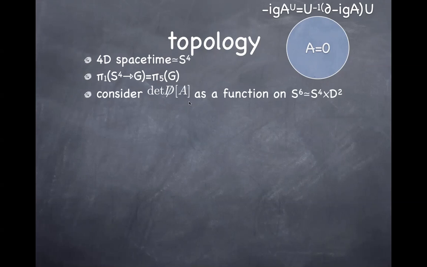And if the theory is gauge invariant, because a point along this loop is related by gauge transformation, this determinant should not change. But it turns out that this determinant changes by a phase around by 2 pi, so that you cannot shrink it to trivial as a function of the disk.